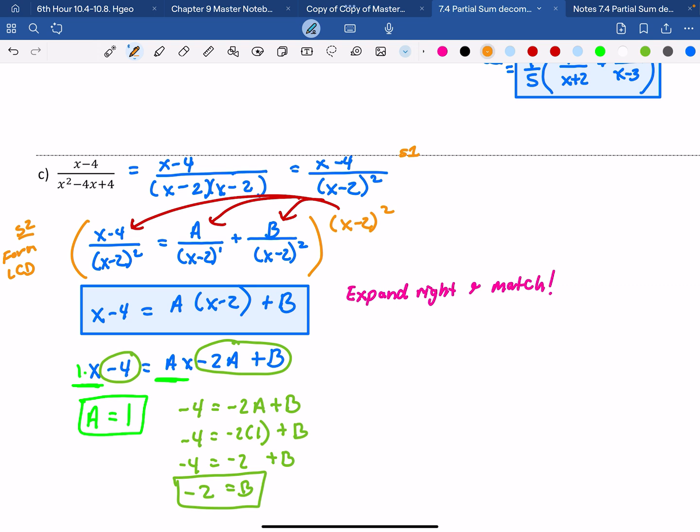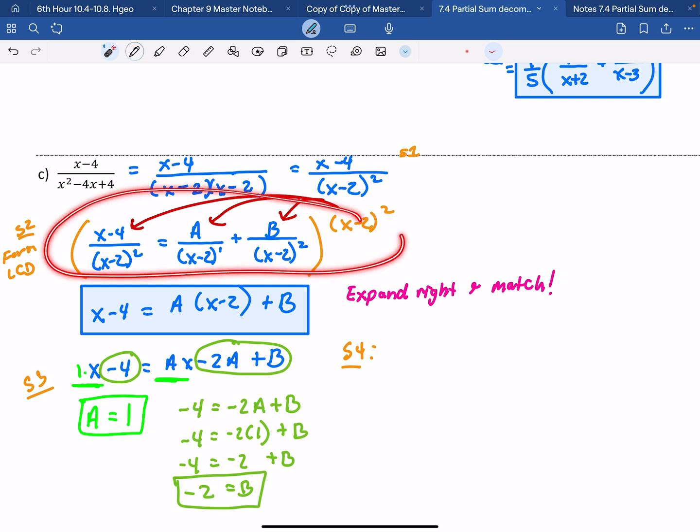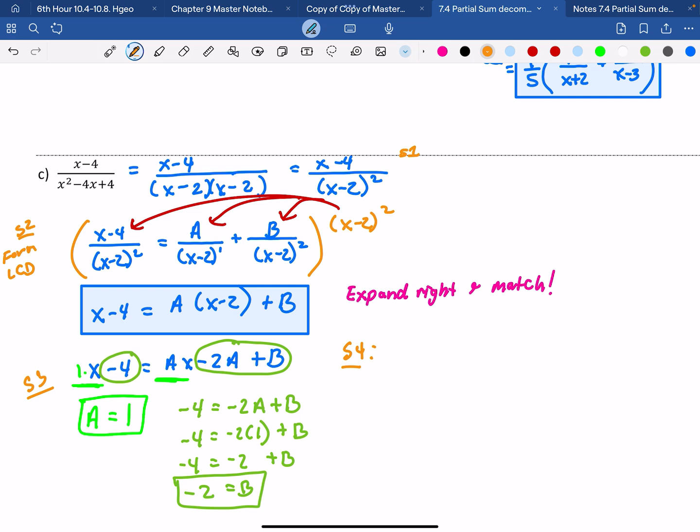All right, so that would have been your step 3 using that method. And then finally, step 4, don't forget to go back and substitute a and b back into the original form here, and then you'll get your partial fraction decomposition in its final form. So we have (x minus 4) divided by (x minus 2) squared equals a, which is 1, divided by (x minus 2), and then plus b.